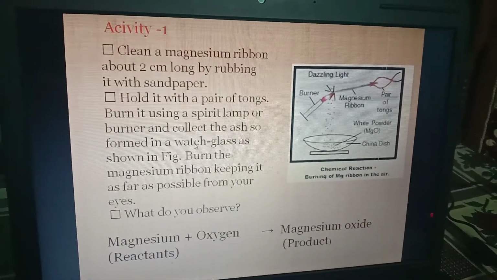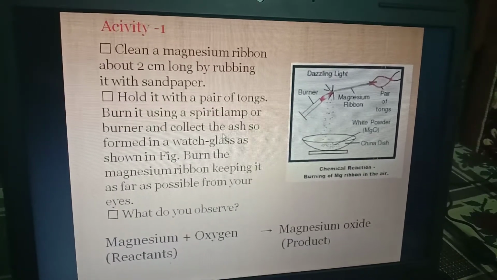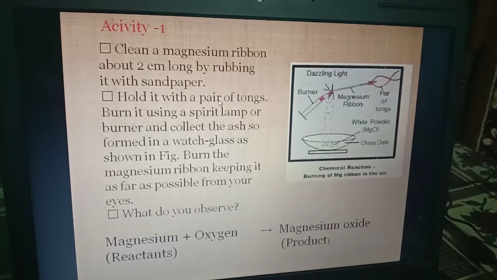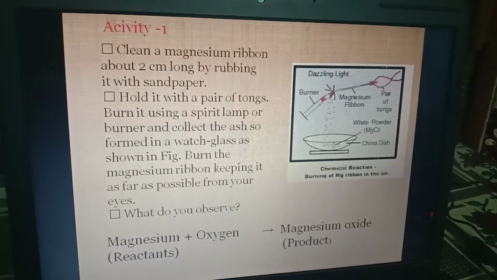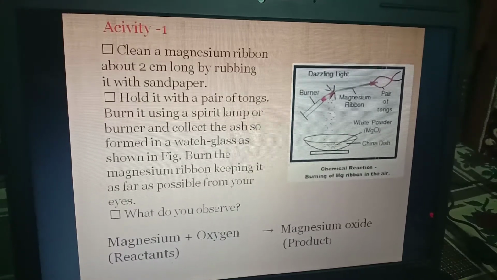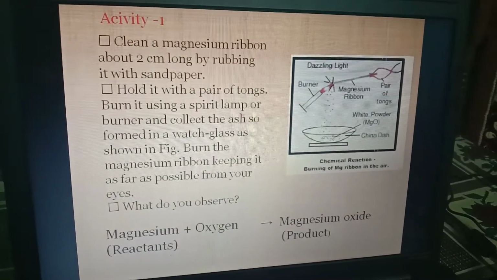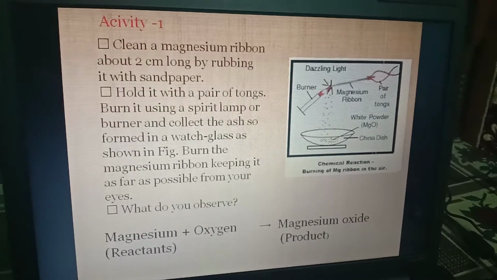We can do an activity to burn a magnesium ribbon for the formation of magnesium oxide. Before the burning, we have to clean the magnesium ribbon with sandpaper. Why? Magnesium ribbon already reacts with the oxygen or carbon dioxide from the atmosphere to form an oxide or carbonate layer on the surface of the magnesium ribbon.